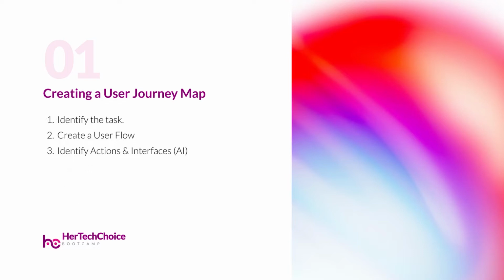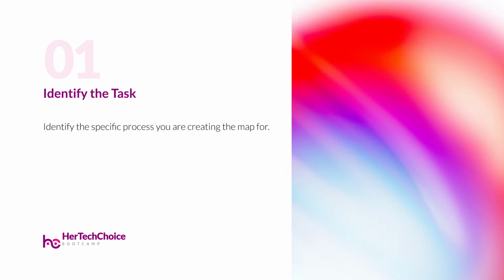So creating a user journey map involves a few steps. The first step is to identify the task to be completed by the user, then create a user flow, then identify actions and interfaces. I'll be explaining this one by one and I'll be giving examples. The first step is identify the task.